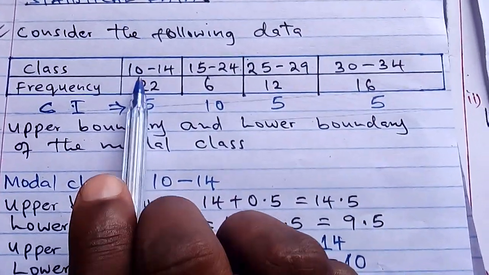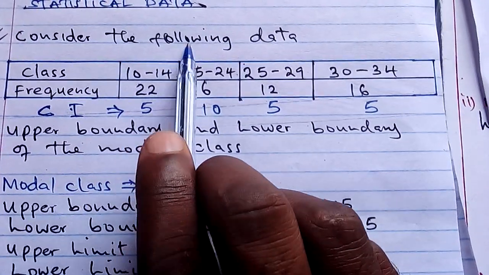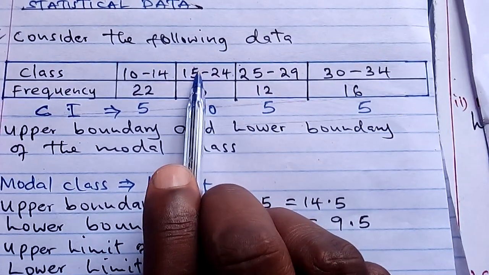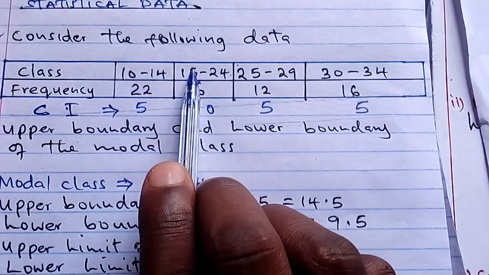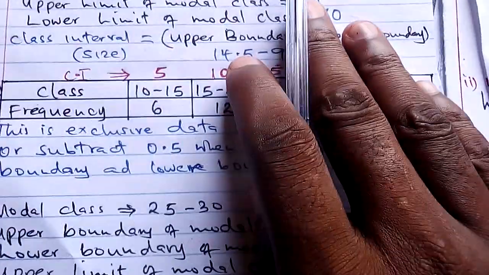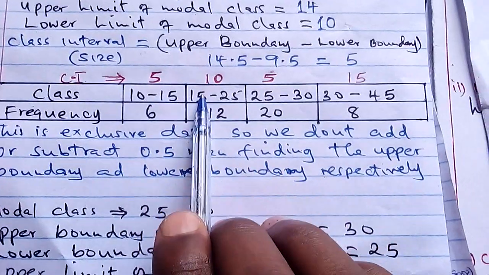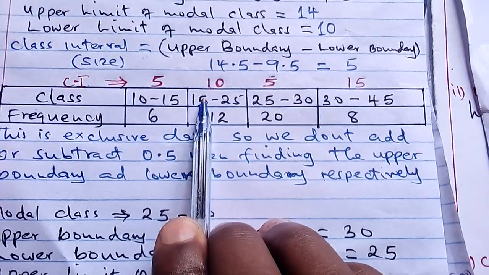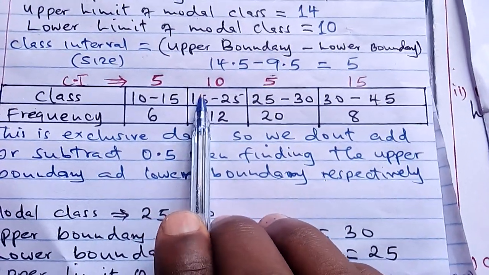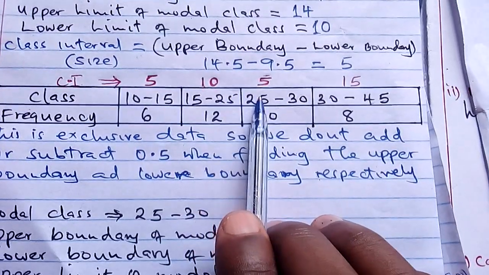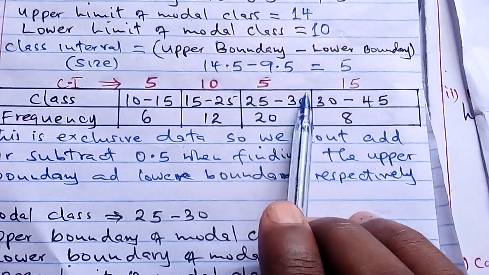So the data is running from 10 to 14. Then in the next box we have 15. So from 14 we have 15. But if you look at the second data, from 10 to 15, then in the next box we have 15. So 15, 15. As you move, 25, 25, 30, 30.